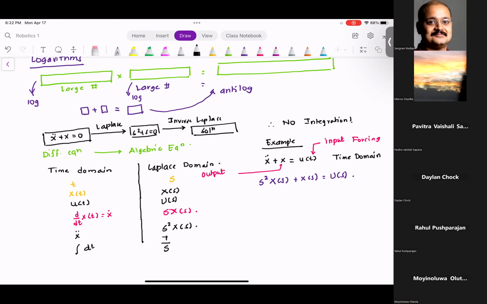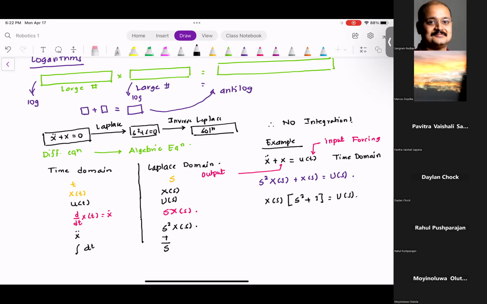So what we do is x of s comes out, times s square plus 1, is equal to u of s. And this is the equation in Laplace domain.